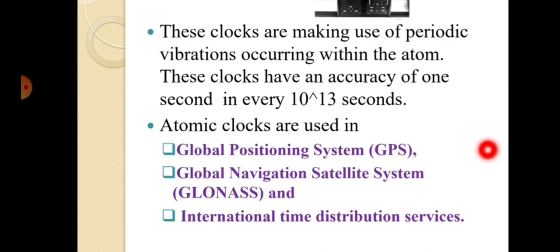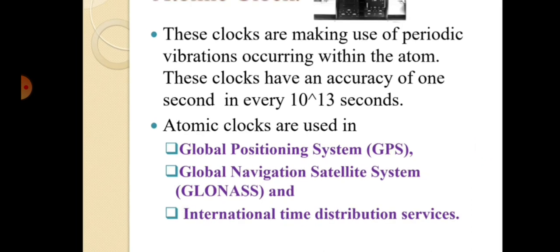You can find out the position of the vehicle using the vibration. Atomic clocks are used in GPS, navigation satellite system and international time distribution services.